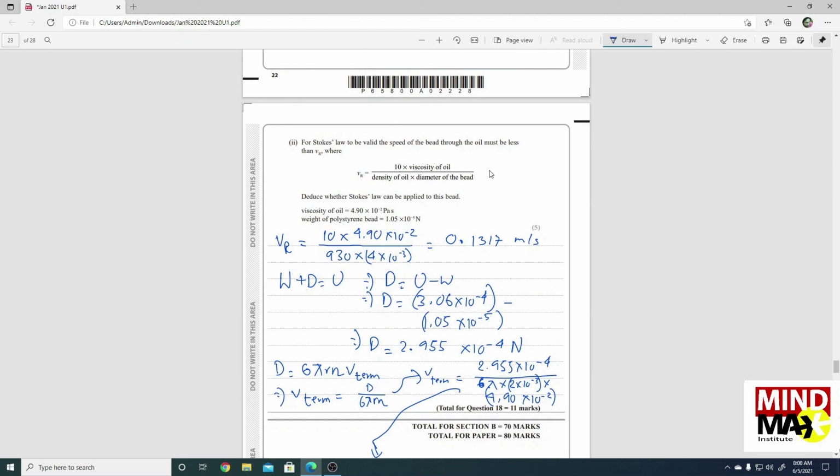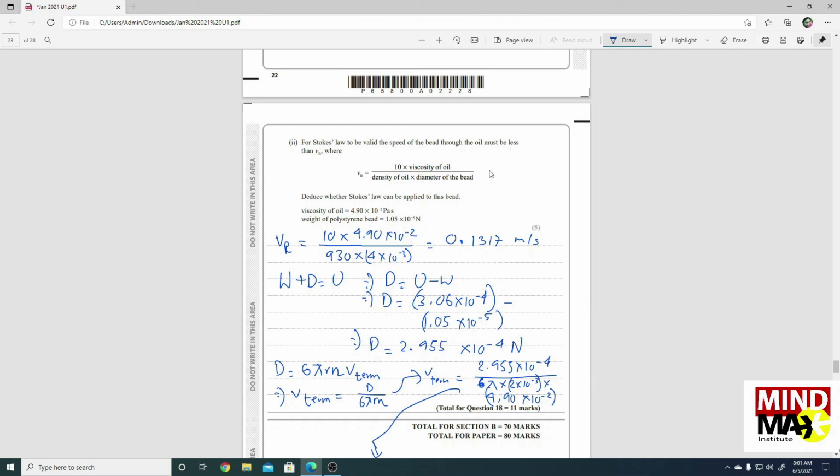So using these values, I found VR. Now that I know the value of VR, they are asking us whether it's valid. They're telling us for Stokes' law to be valid, the speed of the bead must be less than VR. So the actual speed of the bead in the question has to be less than this reference value.